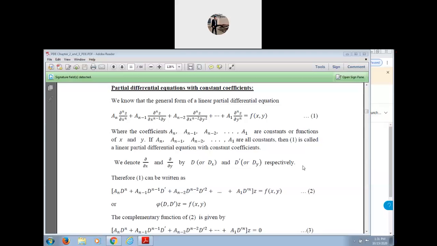That is the form of a second order ordinary differential equation. Now I am talking about partial differential equations, not ordinary differential equations. Ordinary differential equations were already discussed in the second semester. Now in your course it is a PDE, partial differential equation.